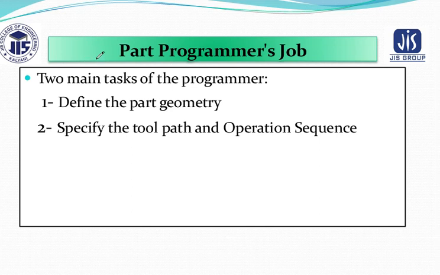Now again we are talking about the part programmer job. So basically they perform two main tasks. First of all, it defines the part geometry, and second of all it specifies the tool path and the operation.